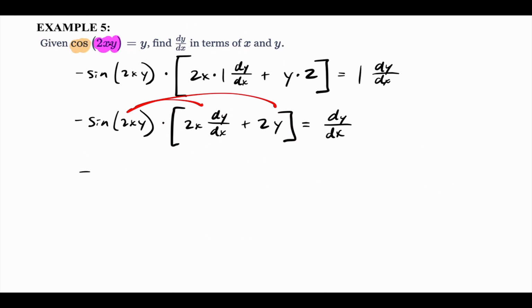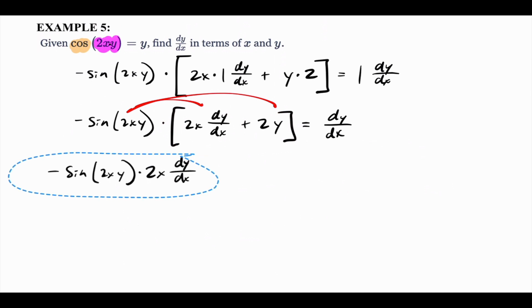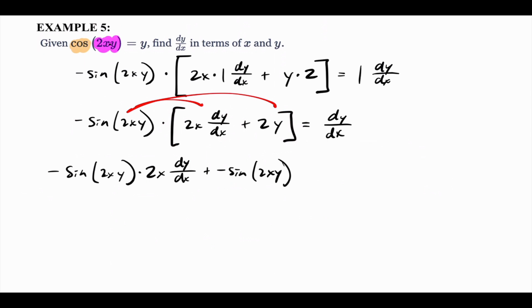So we get negative sine 2xy times 2x dy dx, plus negative sine 2xy times 2y.